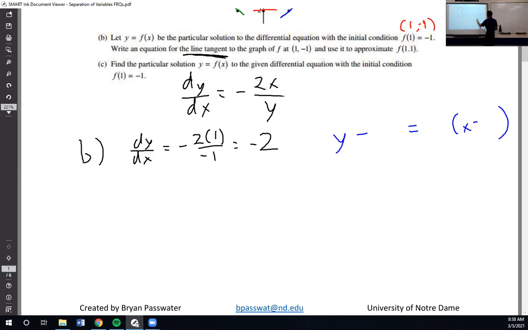The y coordinate here is negative 1, and the x coordinate here is 1. And what is our slope? Our slope was negative 2. Isn't it positive 2? Negative over negative. Oh, yes, sorry. This is positive 2. Thank you, thank you.